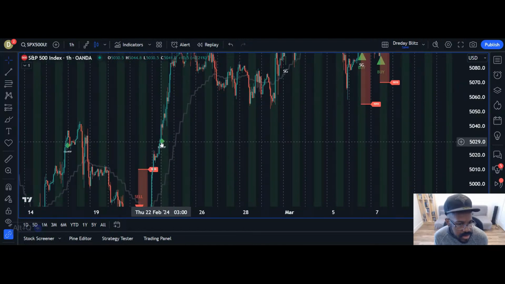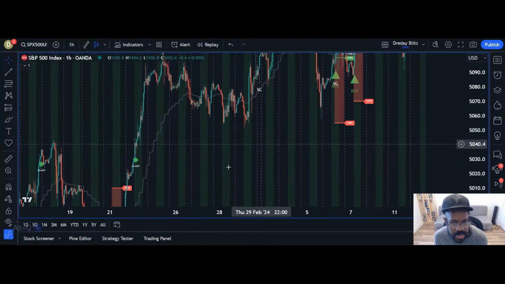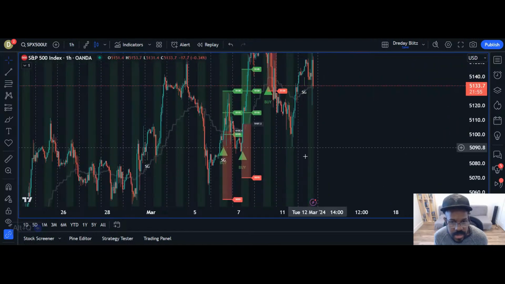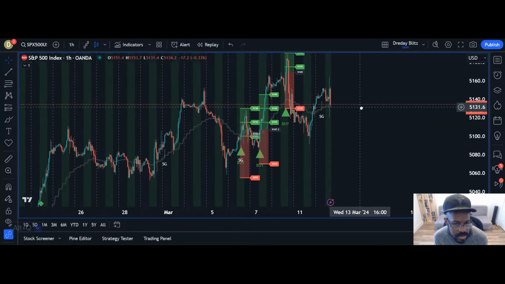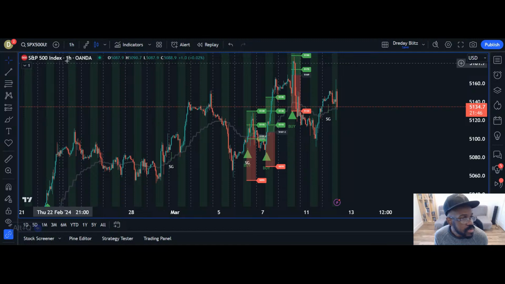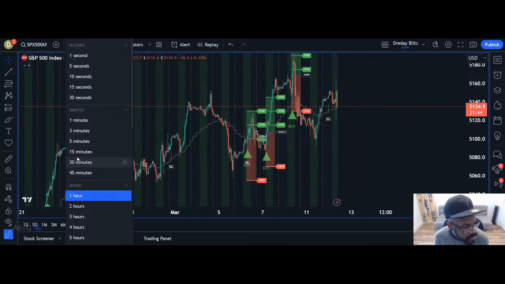It switched green here since the 22nd of February. Since then, we were looking for bullishness here on S&P 500 overall. So that's perfect.